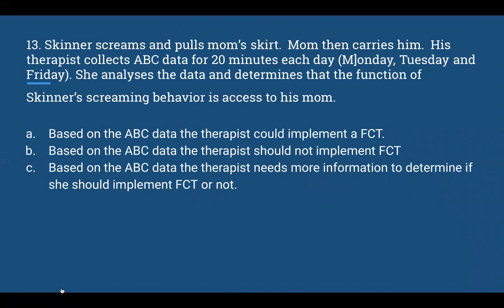Okay, what are the options? Based on the ABC data, the therapist could implement an FCT. Based on the ABC data, the therapist should not implement FCT. Or based on the ABC data, the therapist needs more information to determine if she should implement FCT or not.